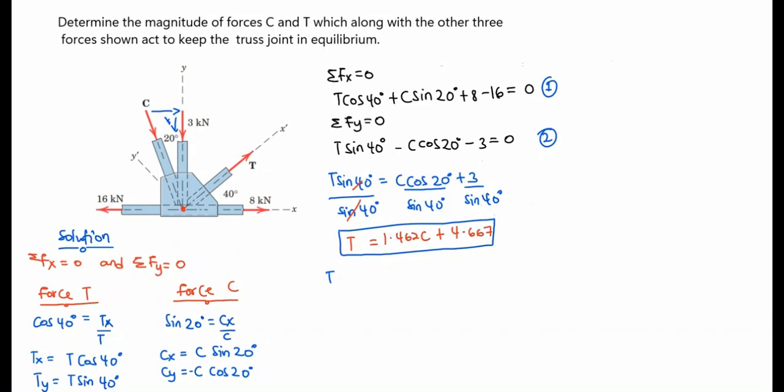We have T cosine of 40 degrees plus C sine of 20 degrees, and then plus 8 minus 16, which gives minus 8, equals 0. Since we know what T is, we can do the substitution: 1.462C plus 4.667, all multiplying cosine of 40 degrees, plus C sine of 20 degrees.